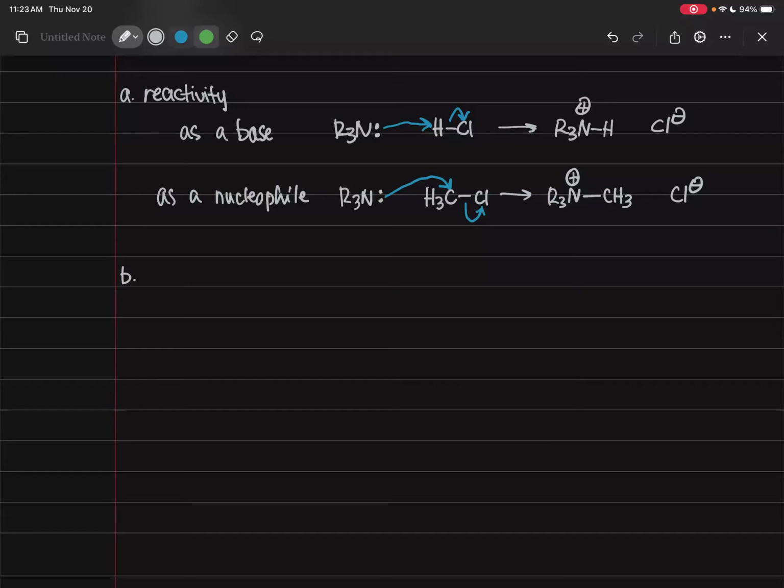This specific reaction here is called an alkylation because we're adding an alkyl group to the amine. It's actually a little bit more complicated than that, and we'll get to that in a moment, but I just want you to see the two general types of things that amines can do.